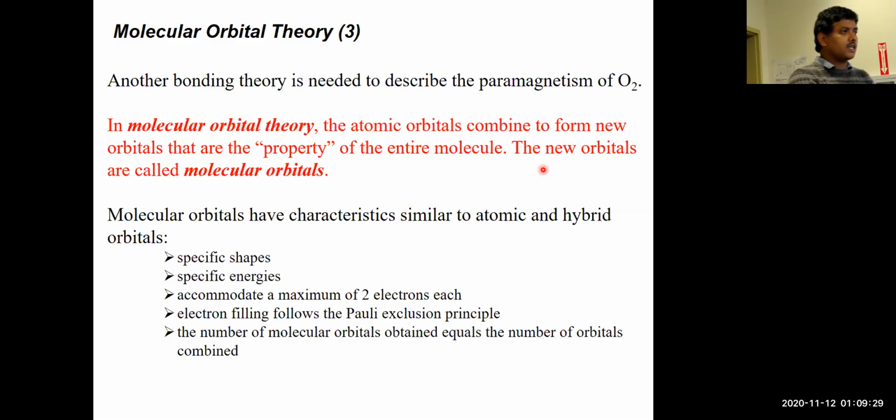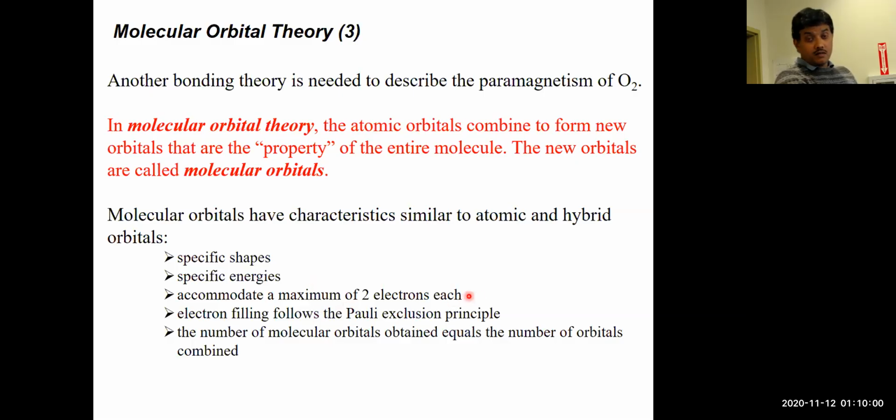So what are the advantages of having these molecular orbitals? They are somewhat similar to hybrid orbitals, but the main advantage is that they can explain magnetism and bond order. Magnetism tells if it is magnetically active or not, and bond order tells if the molecule is stable or not. But other things, like having a specific shape, are the same as in hybrid orbitals, and the energies are at a similar level as in hybrid orbitals.